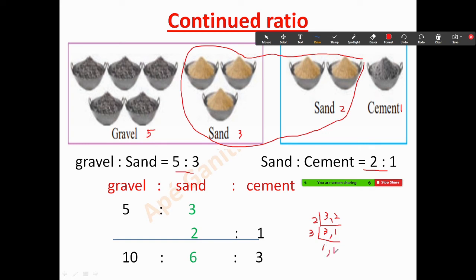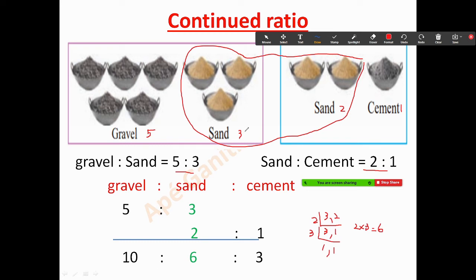Then 2 into 3. Multiply those two numbers after getting 1: 2 into 3 is 6. So the LCM is 6. For both of them you have to get the LCM 6.